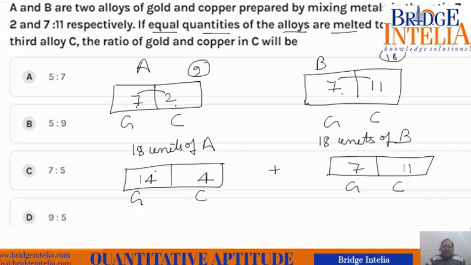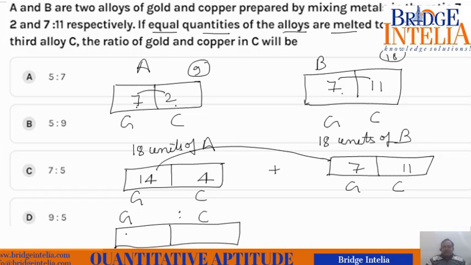In that third alloy, how much is gold and how much is copper? Gold is 14 plus 7, 21. Copper is 4 plus 11, so that is 15. So in the resultant, the ratio of gold to copper is 21:15, which is equal to 7:5.